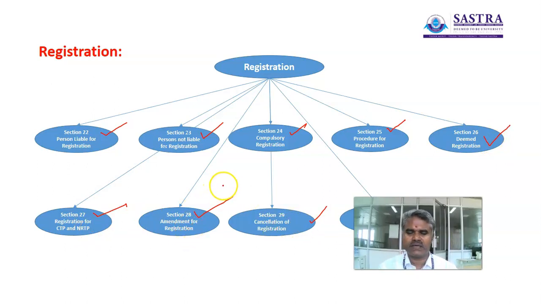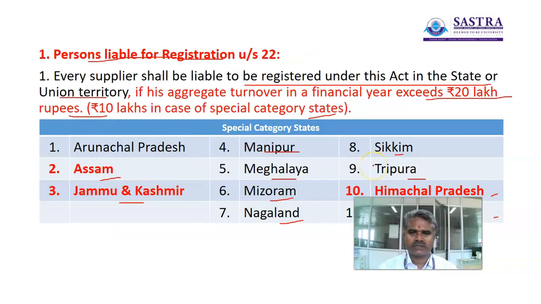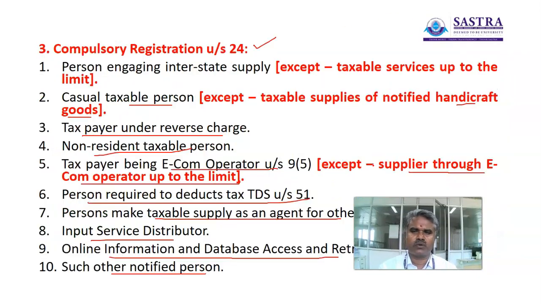These are the sections we have to cover, and we discussed up to section 25. So now we are going to discuss the remaining part of section 25 and section 26, followed by others.